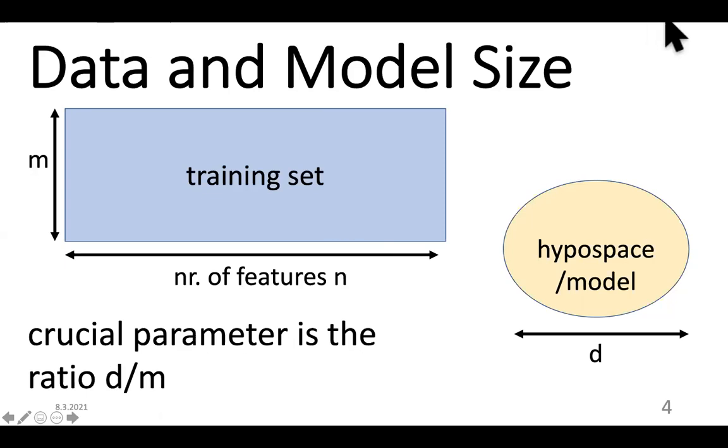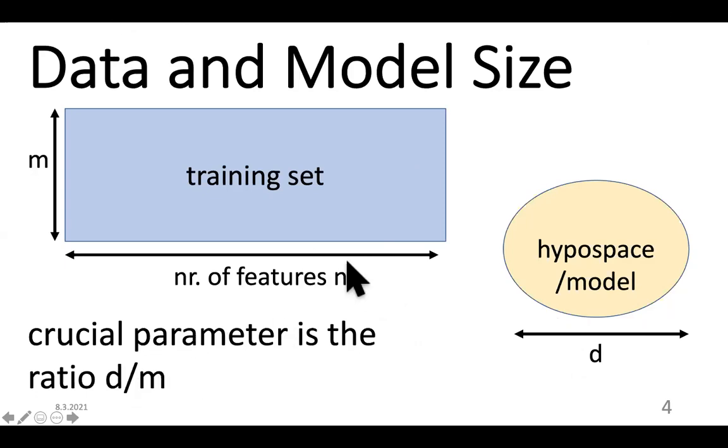And we will see, or I have derived in the textbook, that, for example, the effective dimension of linear regression, so in linear regression we use as a model the set of linear maps, is exactly the number of features. So for linear regression, D equals N, the number of features.